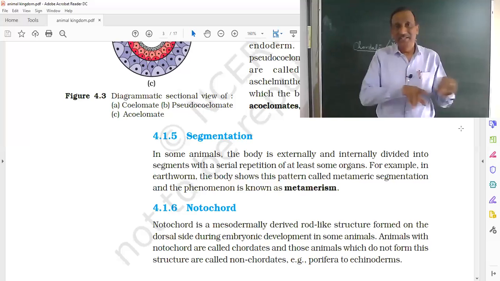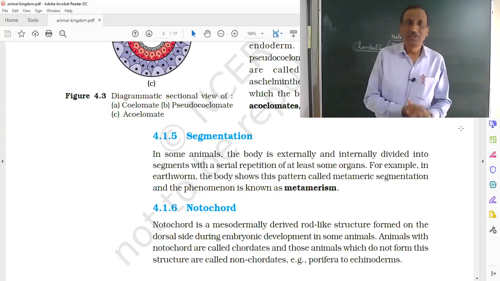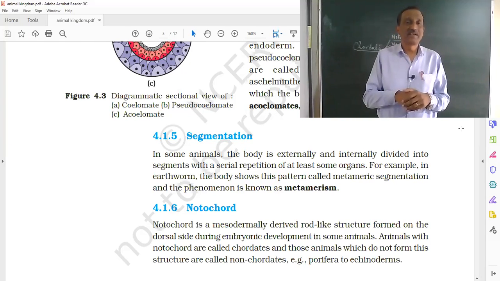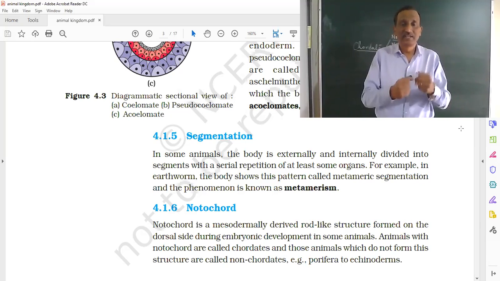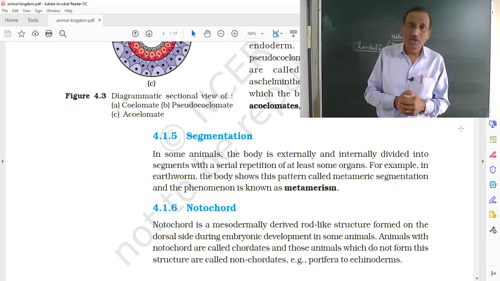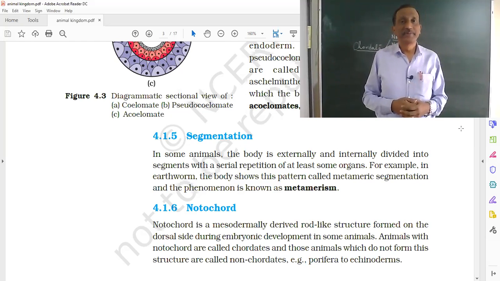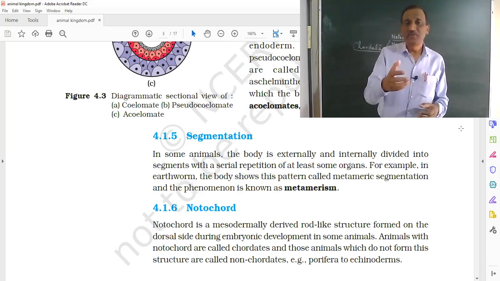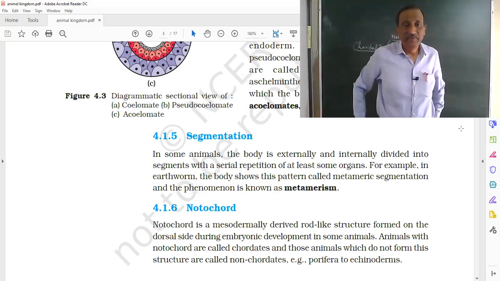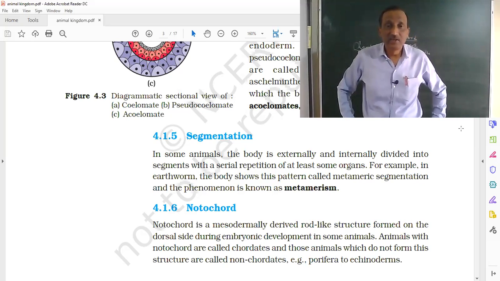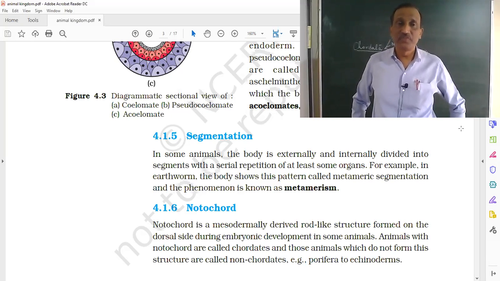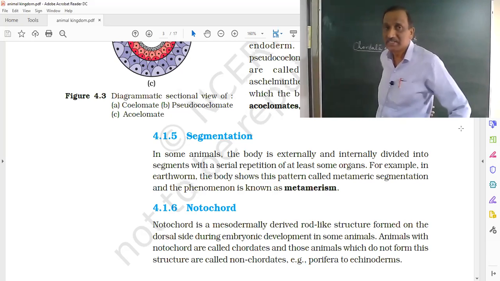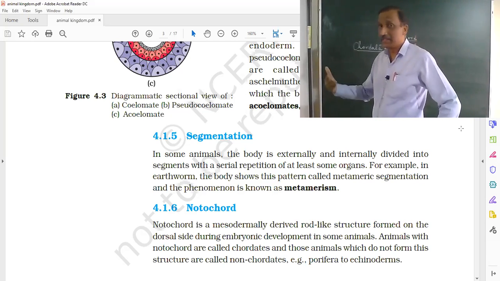So that pillar is actually lying horizontal to the ground, through which most of the muscles are connected, and all these take the support of this solid rod and help in movement. Let's read what is written: notochord is a mesodermally derived rod-like structure formed on the dorsal side, meaning the side which is facing away from the ground.